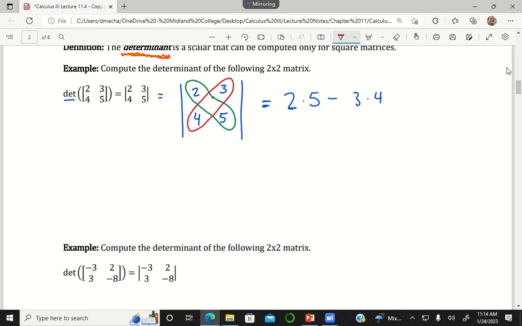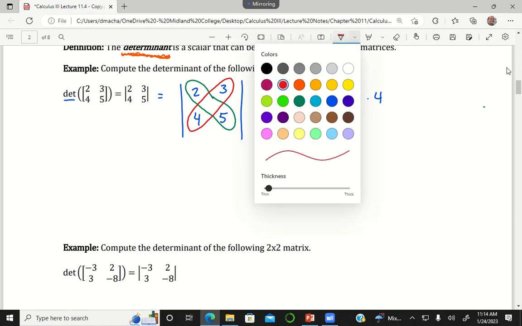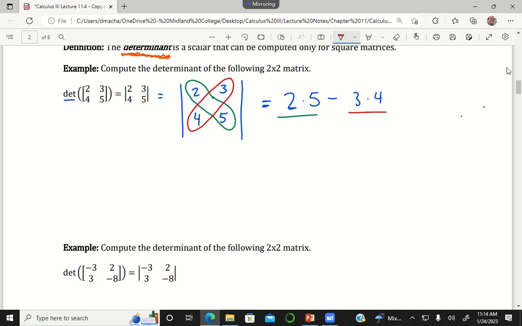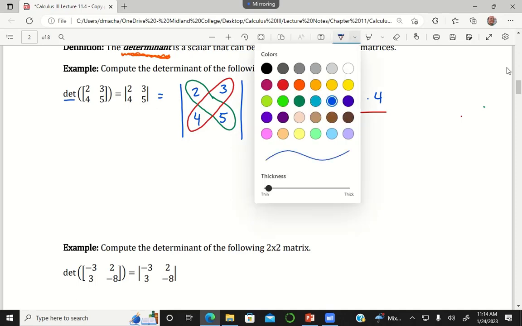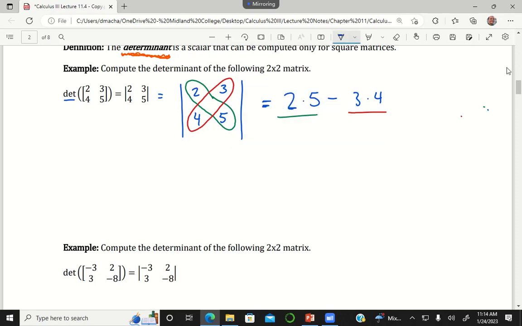So this is 2 times 5 minus 3 times 4. So my determinant would be 10 minus 12. My determinant of this matrix is negative 2. Okay?